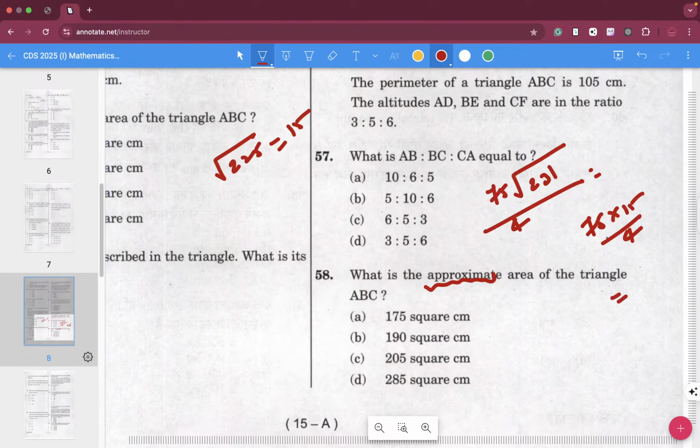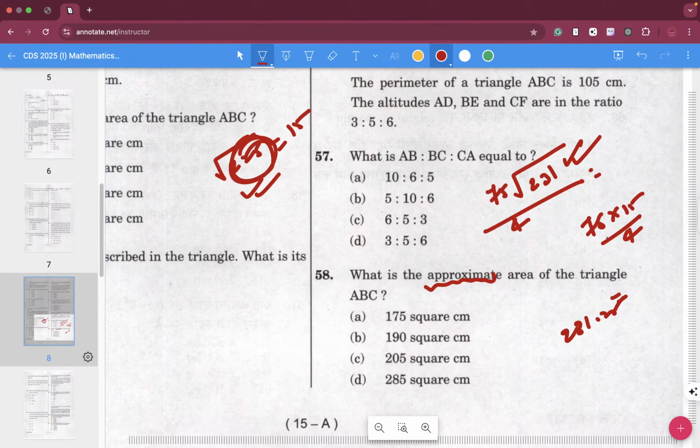Okay, right? So 75 into 15 by 4 is how much? 281.25.